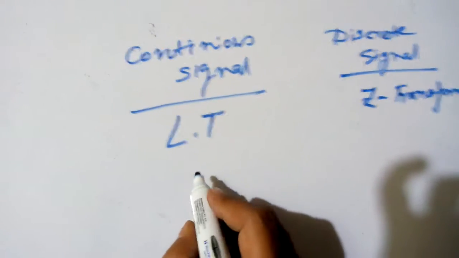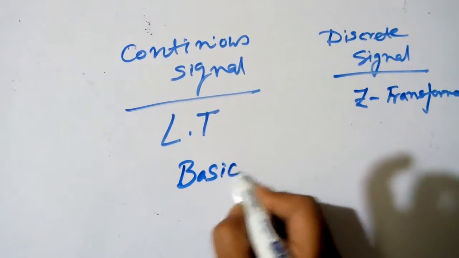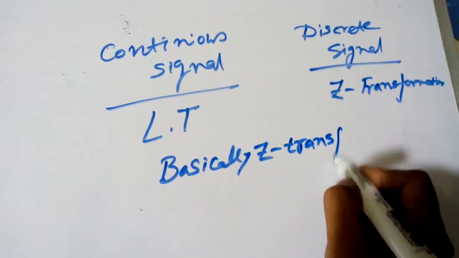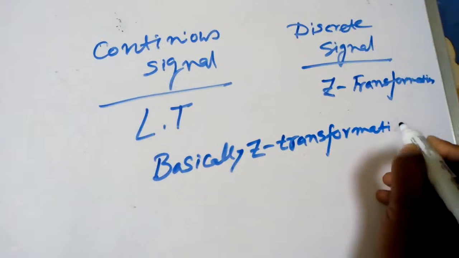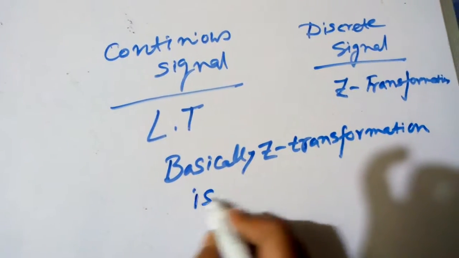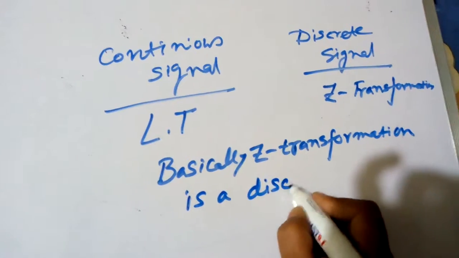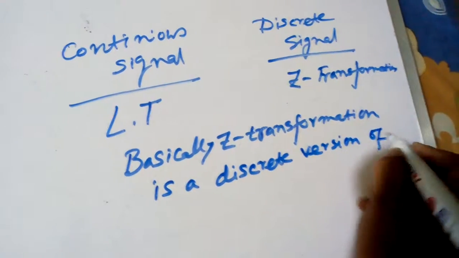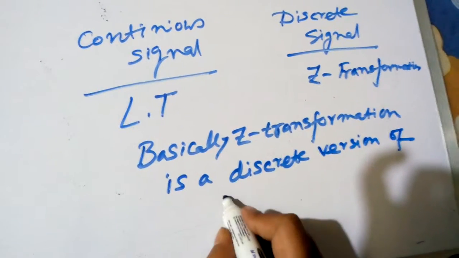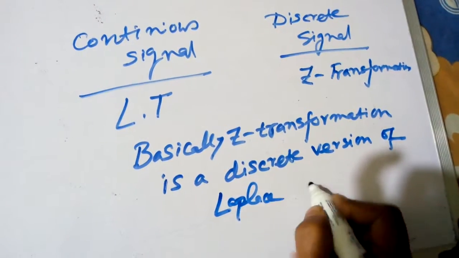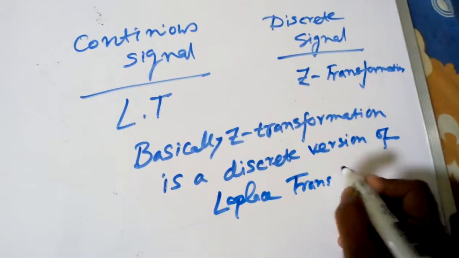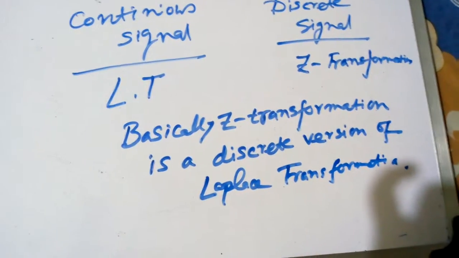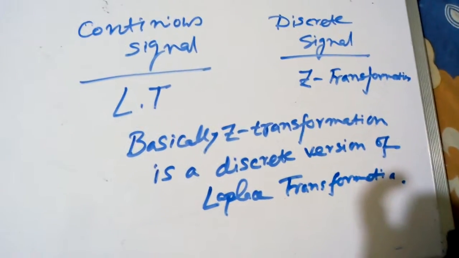So basically Z transformation is a discrete version of Laplace transformation.